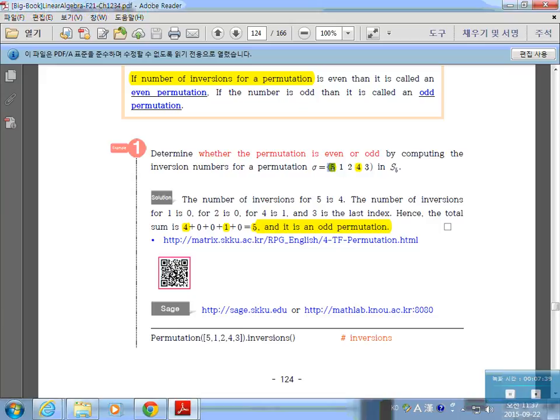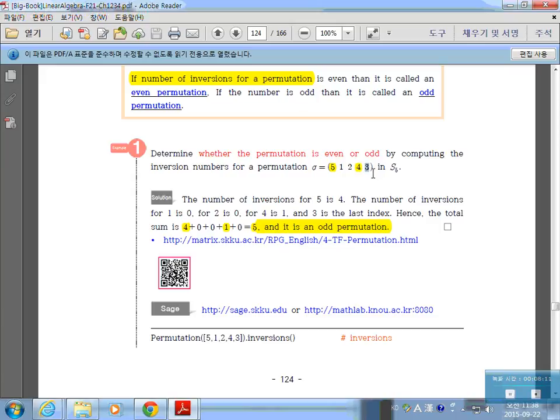The numbers 1, 2, 4, 3 are all smaller and to the left, so 5 has 4 inversions. For 1, there is no bigger number on the left, so 0 inversions. For 2, there are just 4 and 3, which are bigger, so 2 has no inversion. And 4 has 3 on the right, which is smaller, so 4 has 1 inversion.